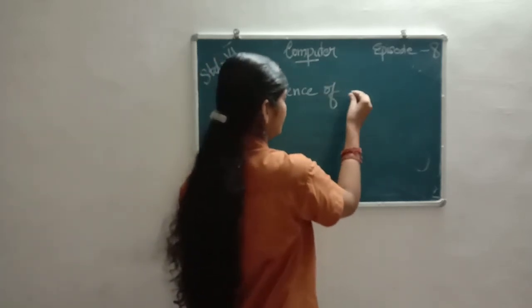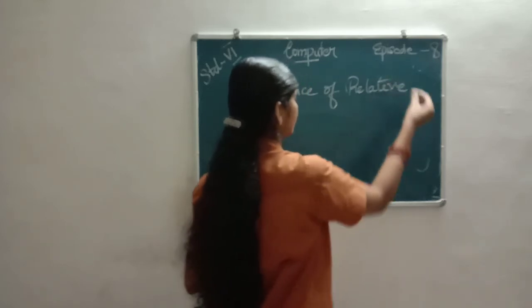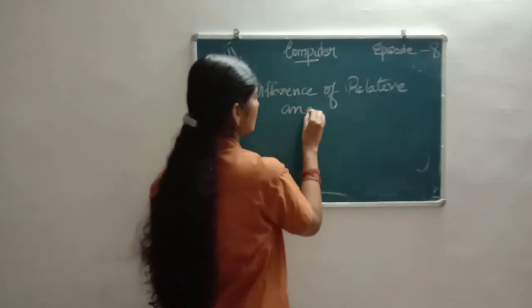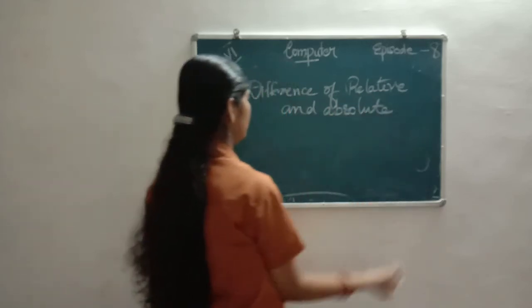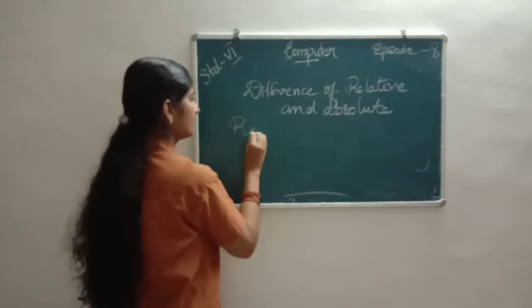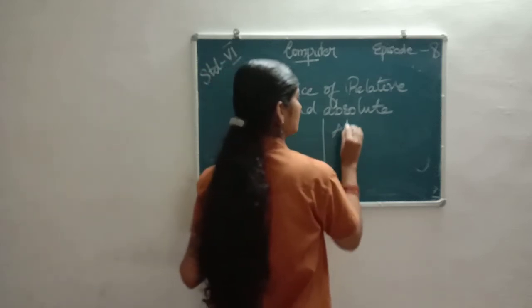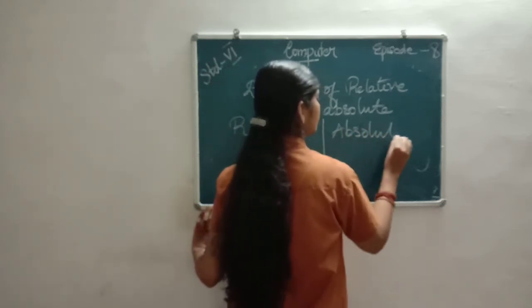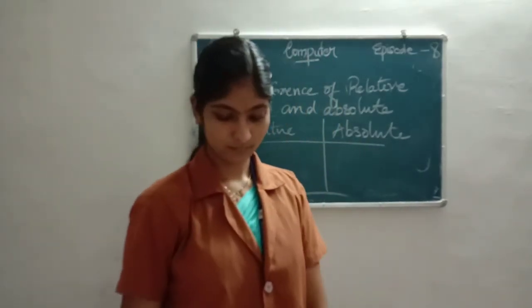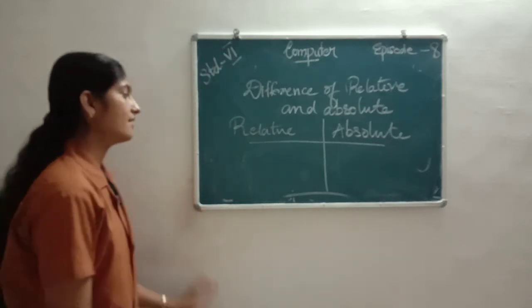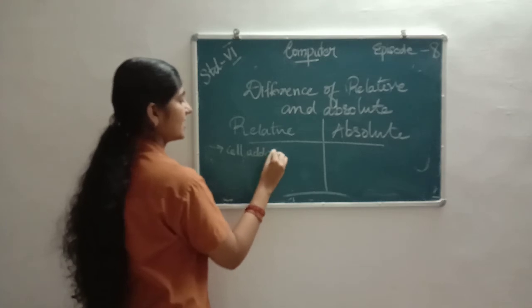The difference between relative and absolute referencing: in relative referencing, the cell address changes.